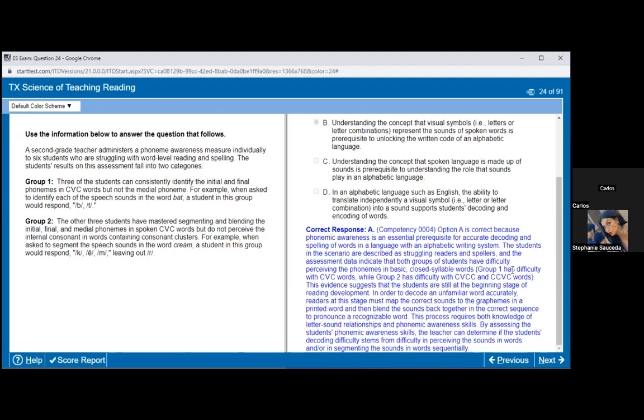By assessing the students' phonemic awareness skills, the teacher can determine if the students' decoding difficulty stems from difficulty in perceiving the sounds in the word, or segmenting the sounds in words sequentially. So is it difficulty perceiving the sounds or segmenting them into groups and blending them?